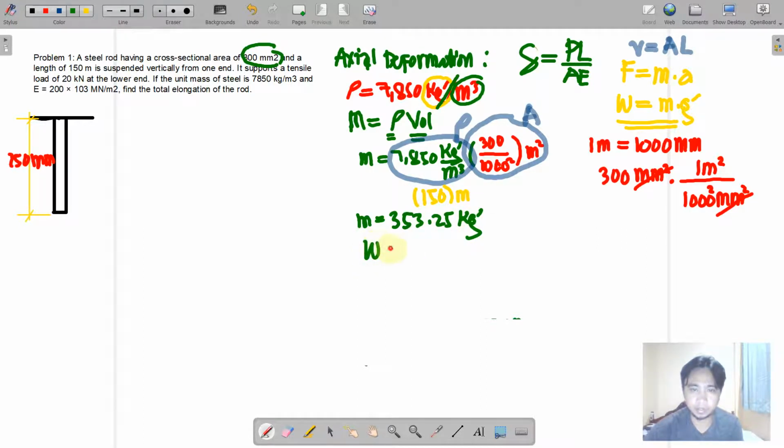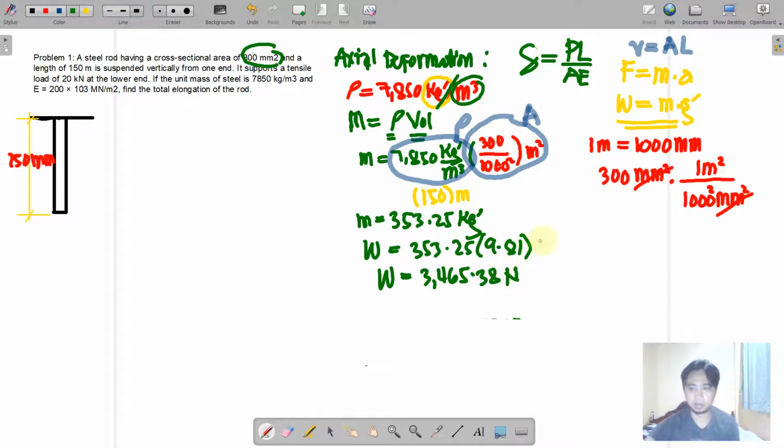For the weight, we just multiply this by the acceleration due to gravity, equivalent to 9.81. We have 3,465.38 newtons.